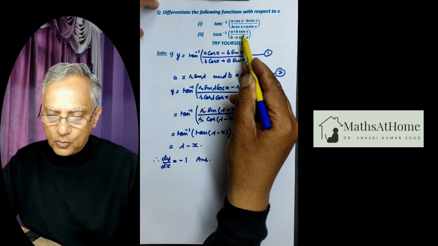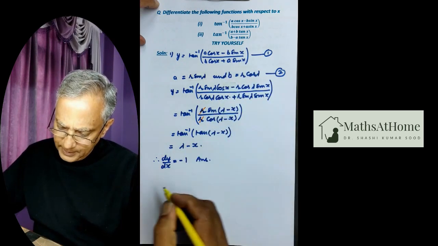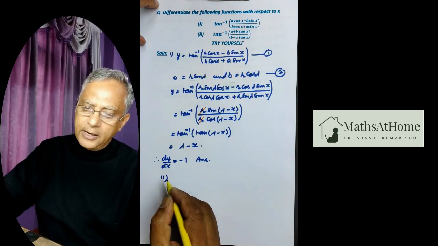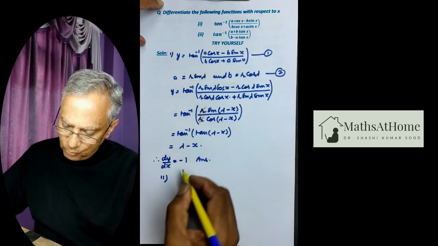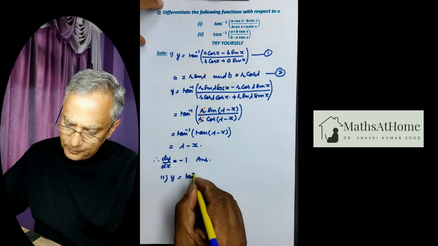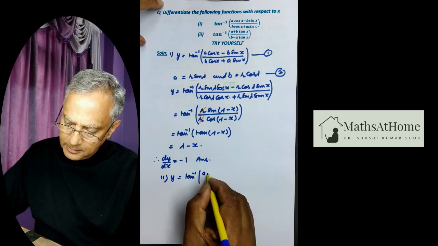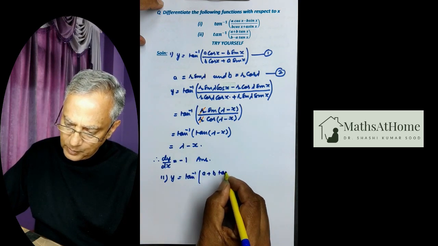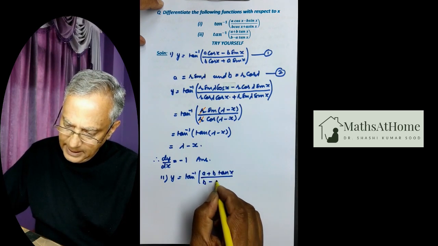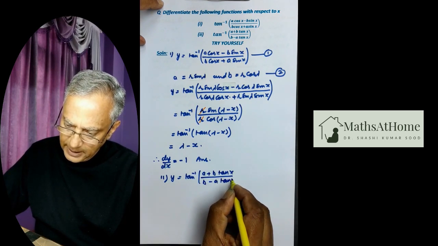Now in this question, the second part I will not complete, I will give you only a hint. Y is equal to tan inverse of A plus B tangent x whole divided by B minus A tangent x.